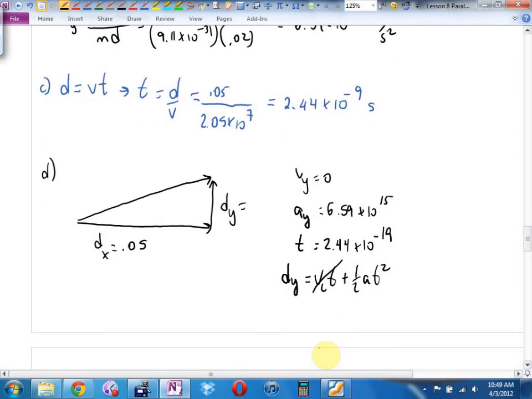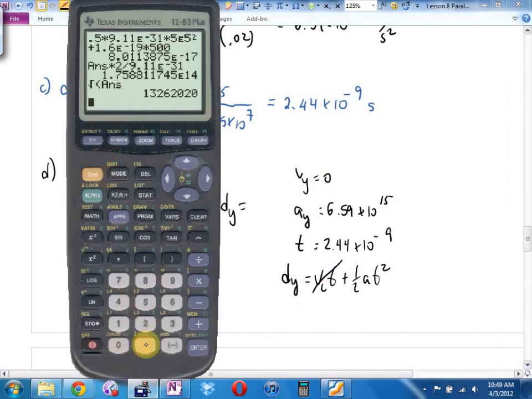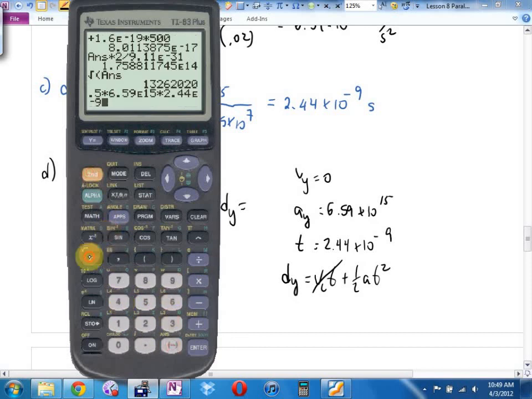19, thank you. I got 19 from the charge. Thank you, Kara. Kayla? Wow. Apparently my names are wrong, too. You know what? I think I can go like this, then. A half times the acceleration, which was 6.59 times 10 to the 15th, times the time, 2.44 times 10 to the negative 9 squared.